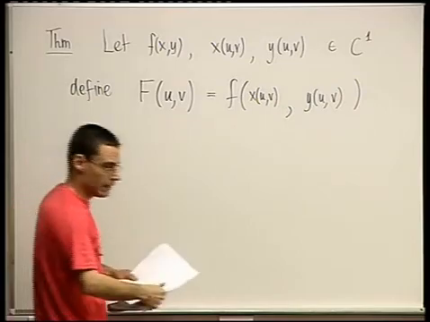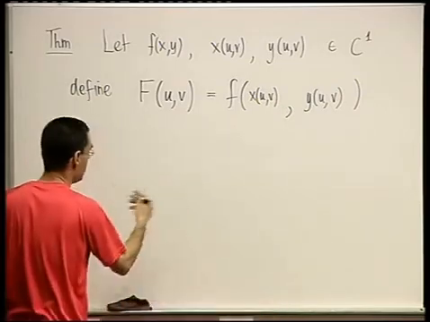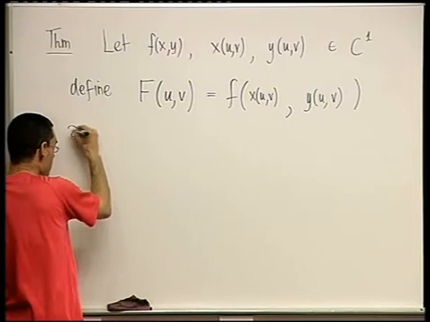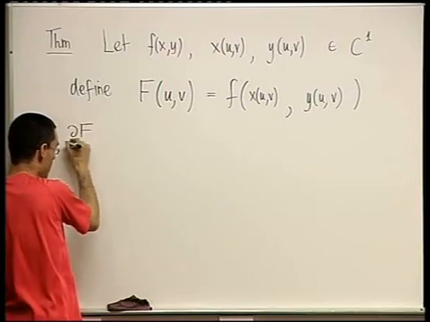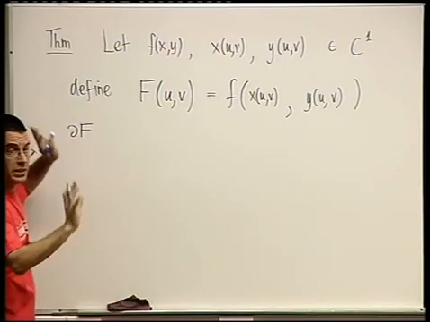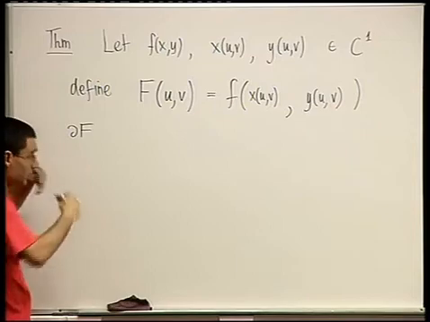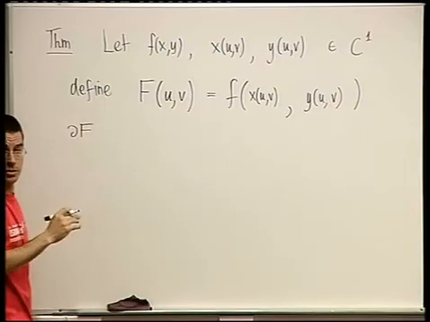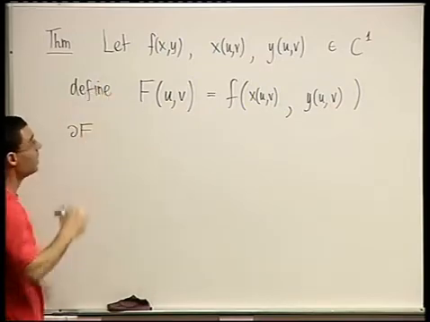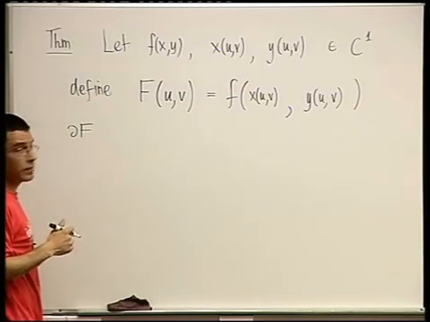Again, I'm going to put my notes aside, and let's see if we can do it. So for the derivative of capital F, here everything is going to be squiggly d's, because there are only partial derivatives in this context since it's all two variable functions.